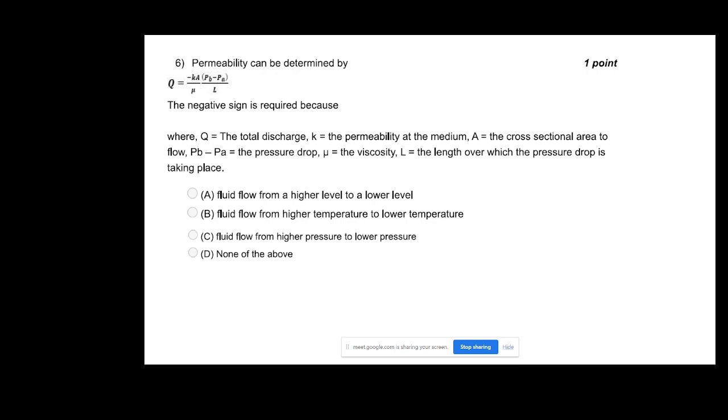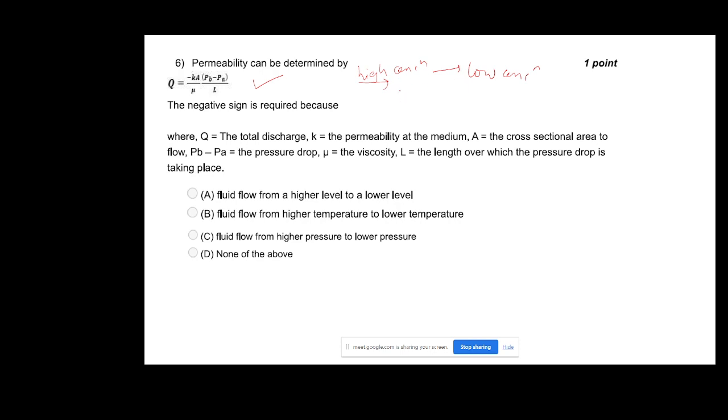Next question is, permeability can be determined by Q equals to this equation where these terms are given. Now, permeability is the transport of mass from high concentration to low concentration, which is due to the concentration gradient.